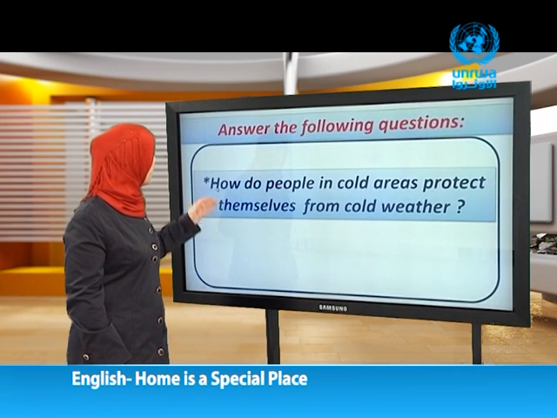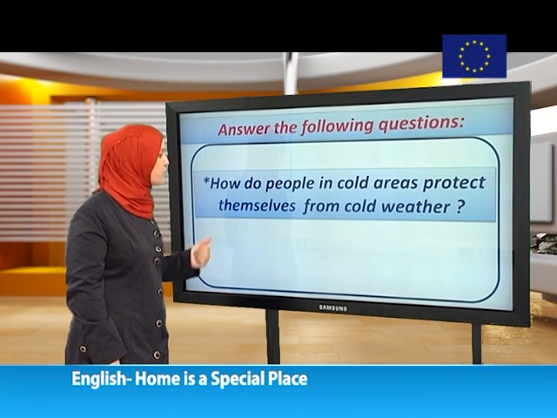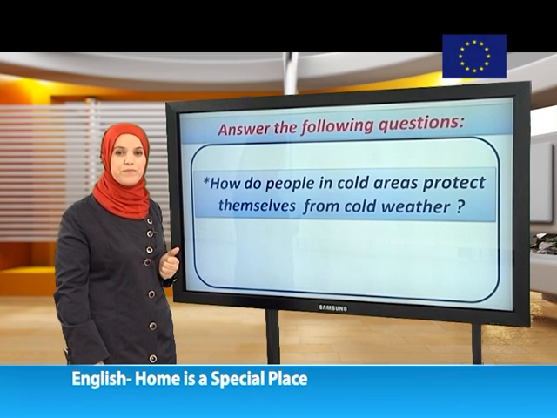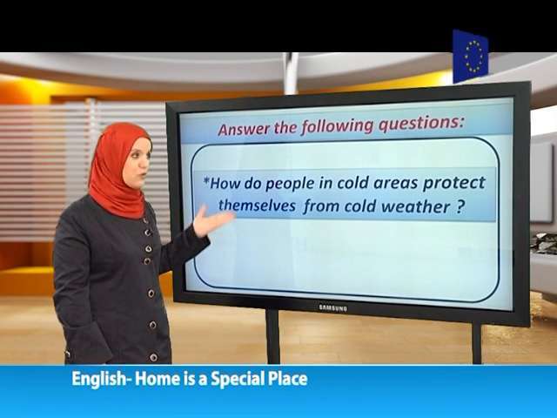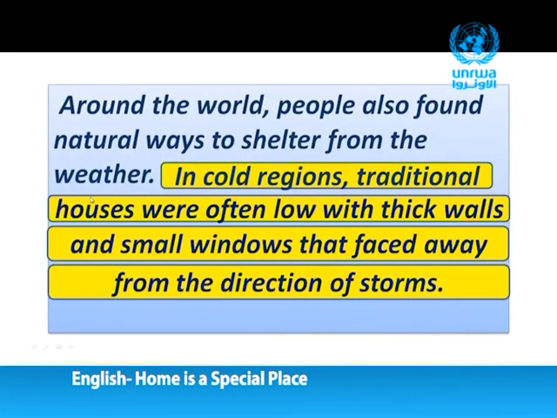Number 1, how do people in cold areas protect themselves from cold weather? Let's go back to the paragraph and find the answer. In cold regions, traditional houses were often low with thick walls and small windows that face away from the direction of storms.